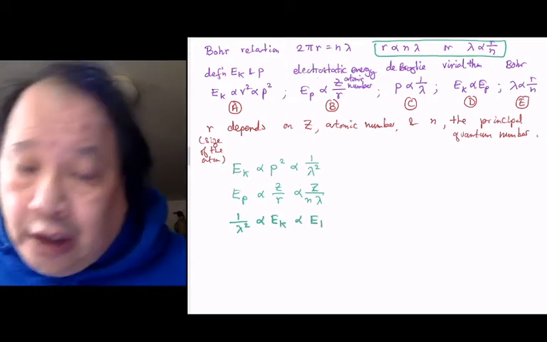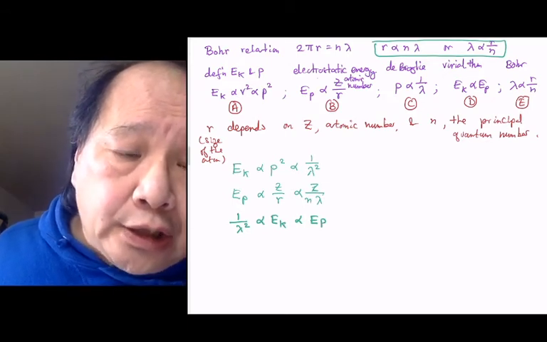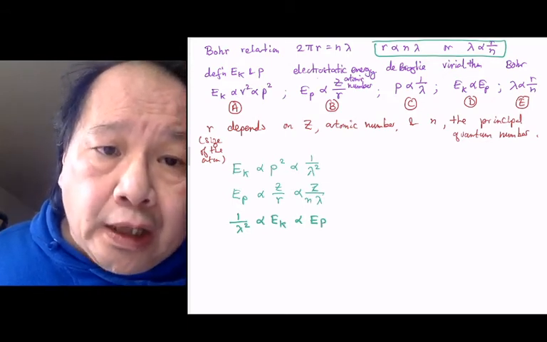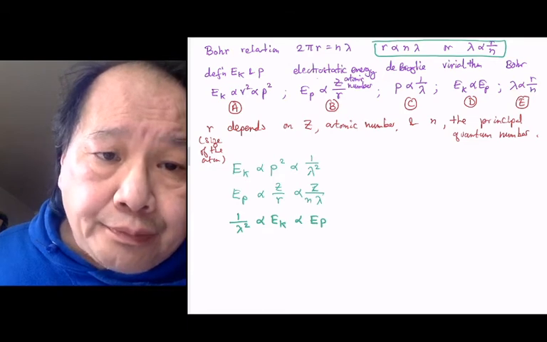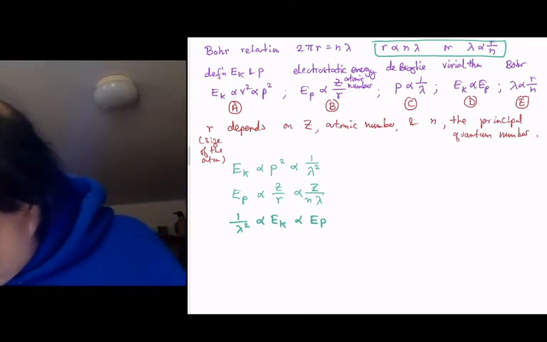Why do I know EK is proportional to EP? Why is EK proportional to EP? A, B, C, D, or E? Put in chat. D, virial theorem. And EP we just showed is proportional to Z over nλ.